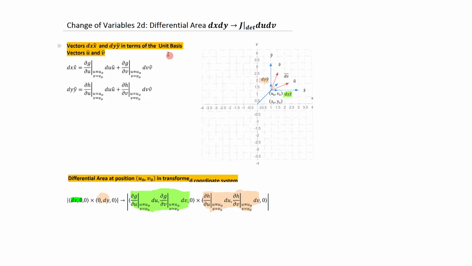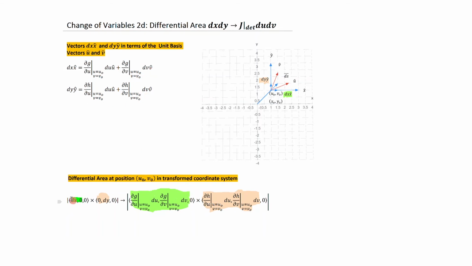All right, so I put them here again, along with the diagram. Now what I'm going to do is take the original expression for computing the differential area in a Cartesian coordinate system, but make substitutions for these terms in terms of these new bases. This is in terms of a u hat and a v hat, and this is in terms of a u hat and a v hat.